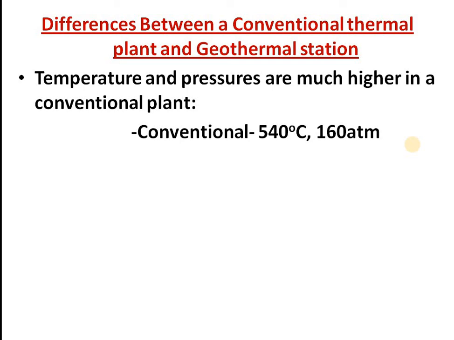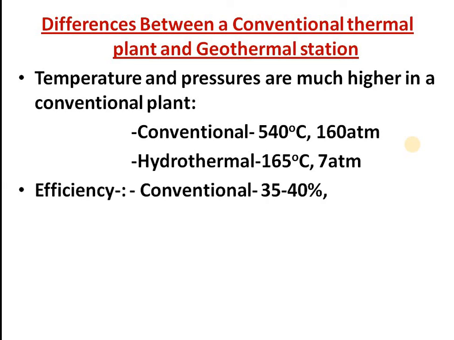Okay, normal atmospheric pressure is 1 atmosphere, but the pressure existing in such a coal-based plant may be 160 atmosphere. Okay, whereas in a hydrothermal or a geothermal plant, the temperature may be hardly 165 degrees Celsius, and the pressure may be 7 atmosphere. This is one of the crucial differences between conventional and geothermal plant.